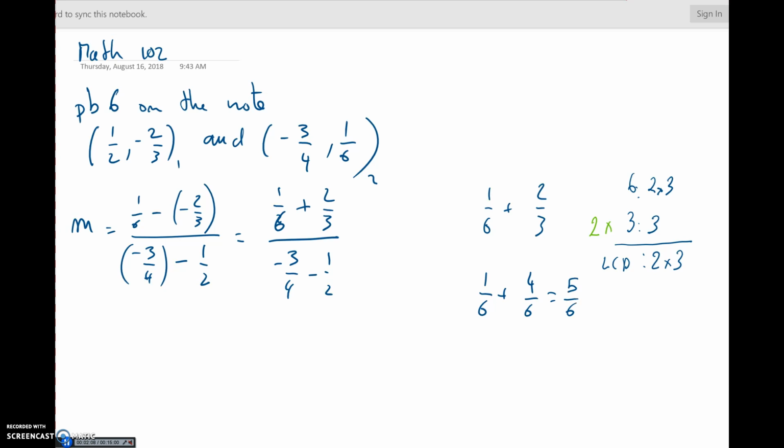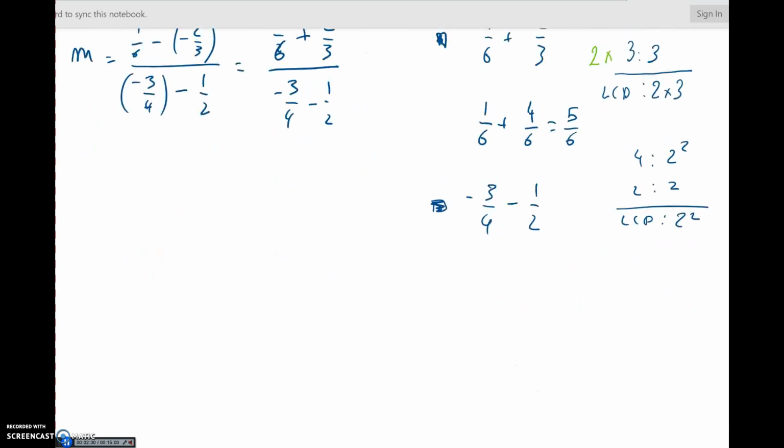If I do the same thing for the bottom, I have negative 3/4 minus 1/2. Very quickly, 4 is 2 squared, and 2. The LCD is the multiplication of each factor with the highest power. Factor 2 squared, factor 2 to the 1, it's 2 squared.